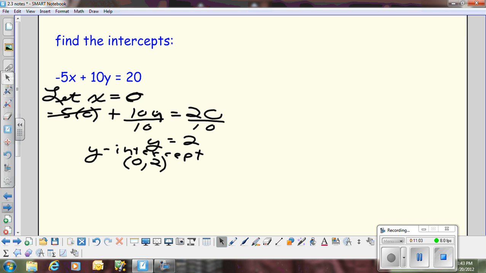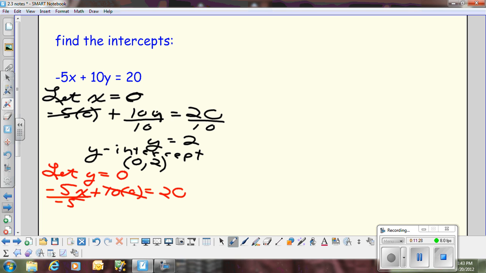So let's find the x-intercept. Then we'll say let y equal 0. I look at my original equation: negative 5x plus 10 times 0 equals 20. This is 10 times 0, so that's 0.